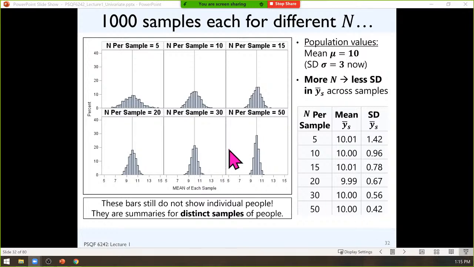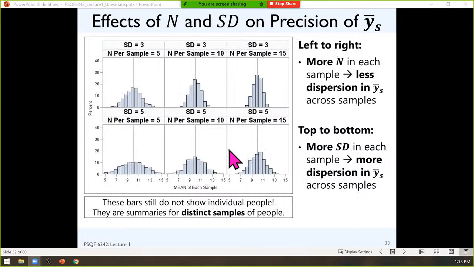And if I contrast the two populations, the top figure is a standard deviation of 3, and the bottom is a standard deviation of 5. You can see that as you get more people, the distribution gets tighter, meaning any one sample has a mean that's going to be closer to the population mean on average.